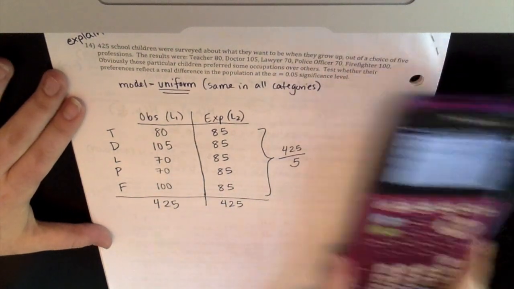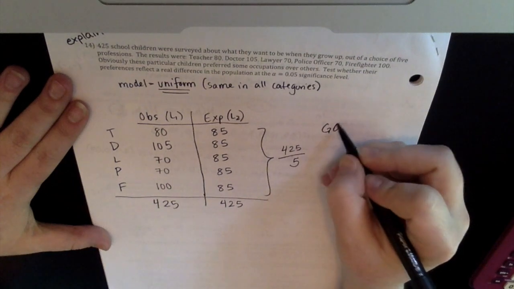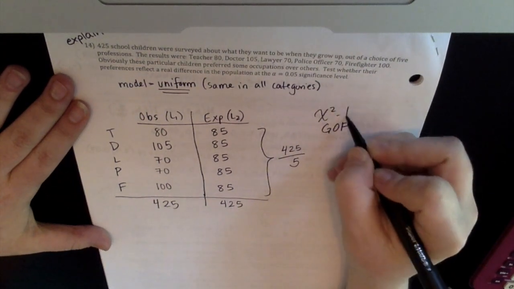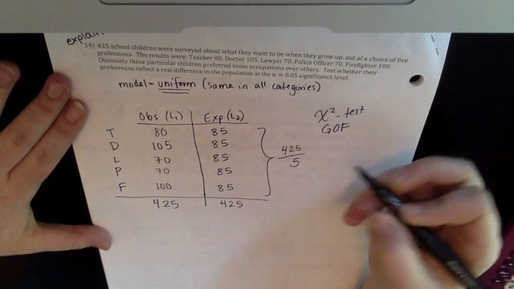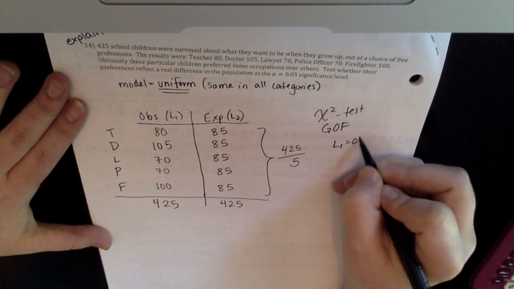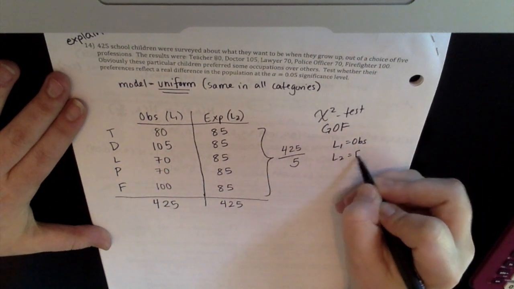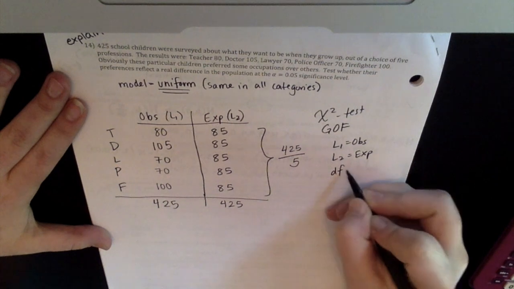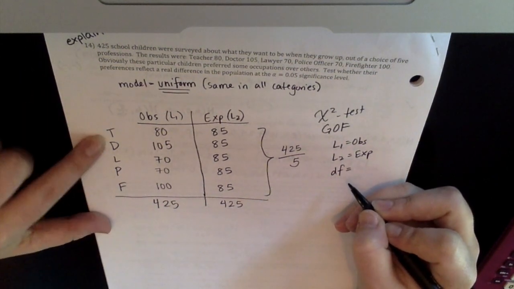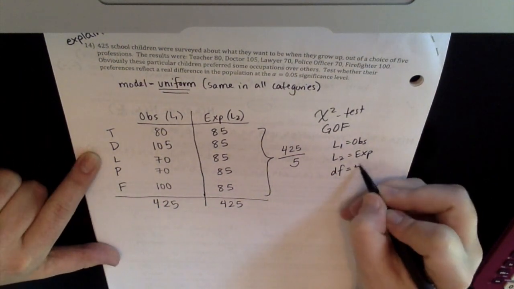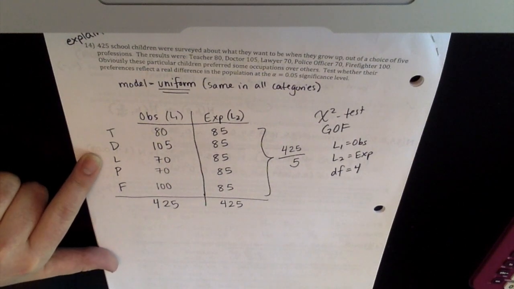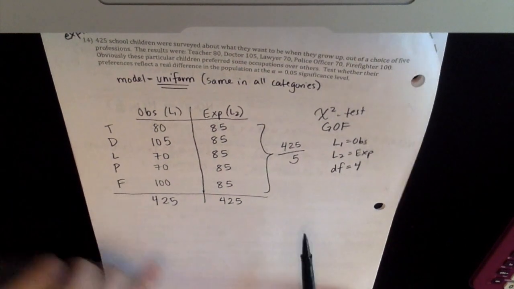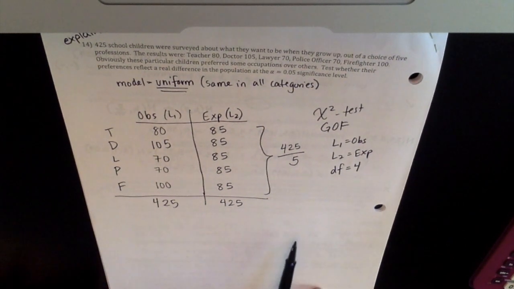Okay? And then we run a chi-squared test for goodness of fit, where L1 is observed, L2 is expected, and the degrees of freedom are the number of categories minus 1. We gave them 5 choices, so the degrees of freedom are 4. Now, when you write the hypotheses for such a test, you can actually write them in the same exact format.